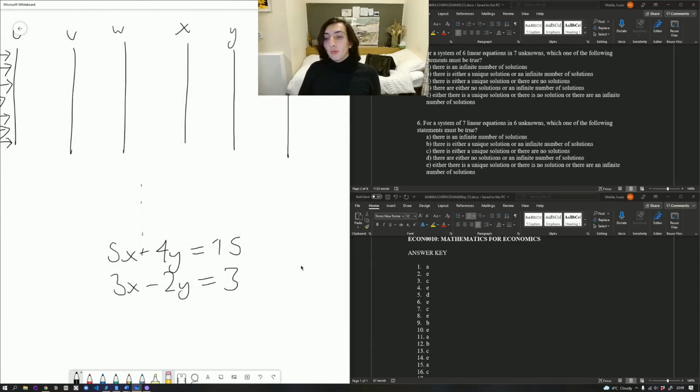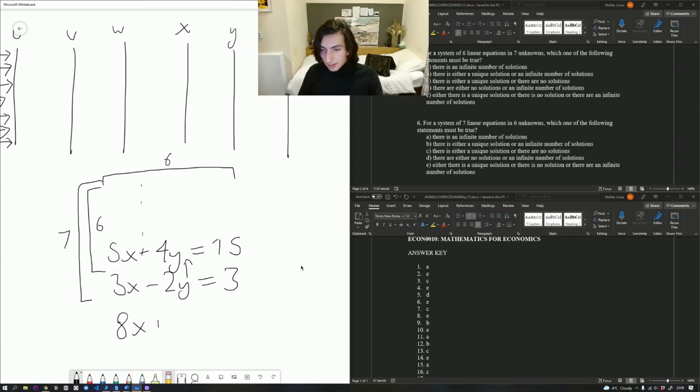What you can essentially do is compress them into each other. If there are 6 unknowns and you've got 7 equations, it would be better to have 6 equations, right? So what we do is we essentially compress 2 into 1. You add these together, so you have 8x plus 2y equals 18.